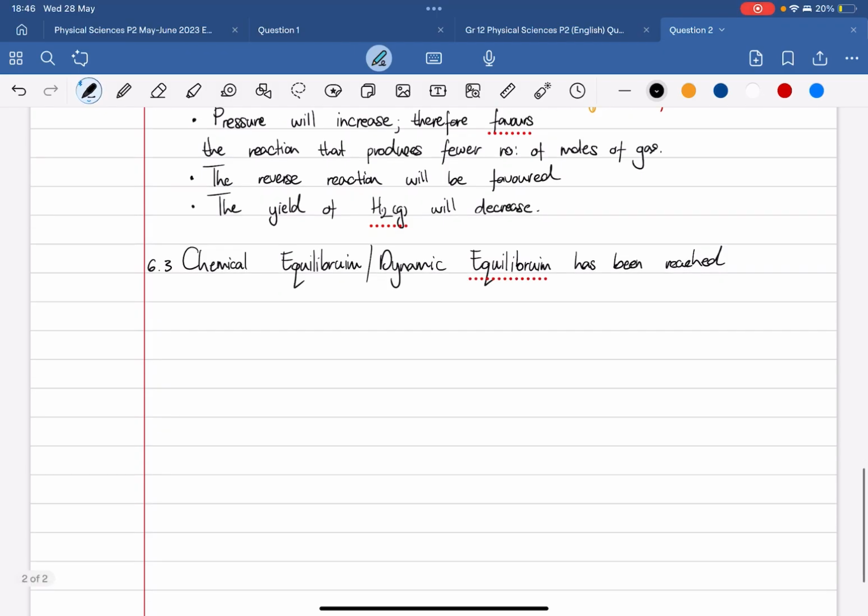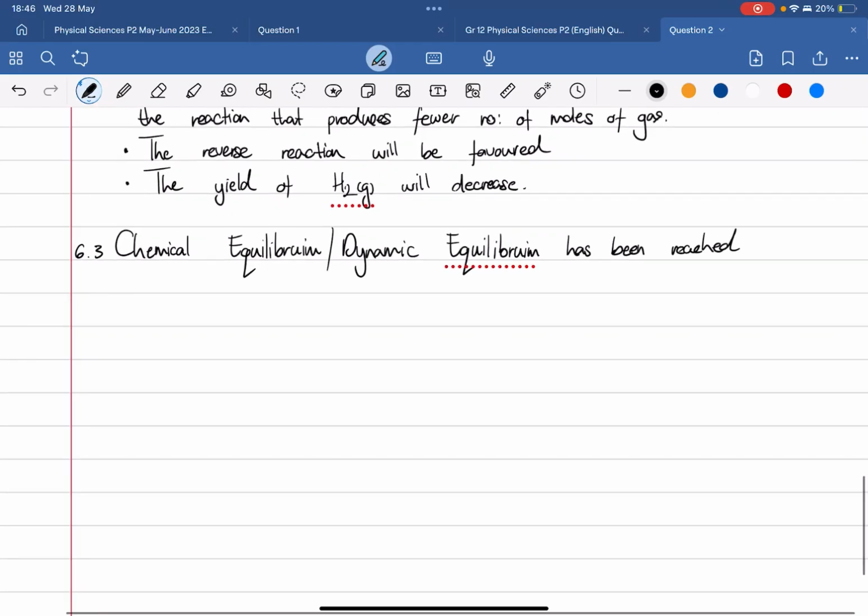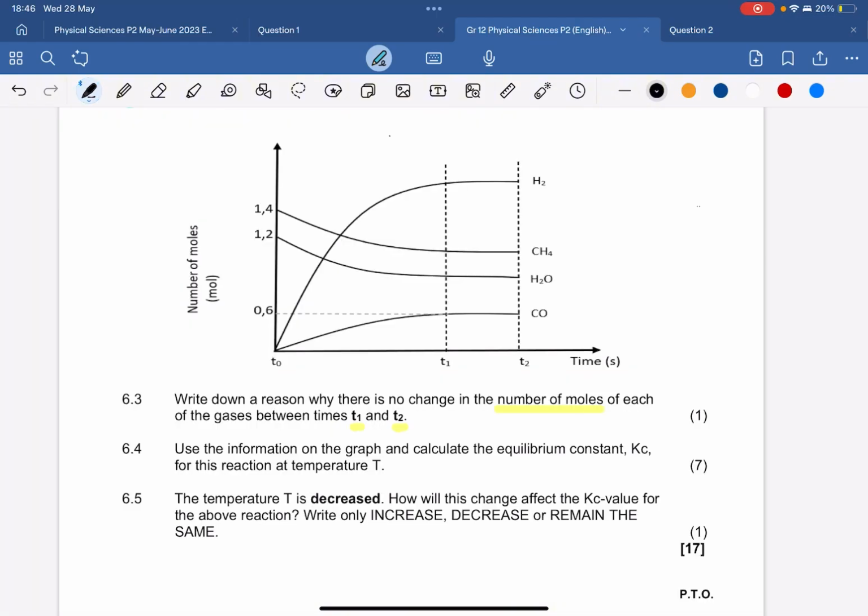All right. Another way you could say that the rate of the forward and the rate of the reverse reaction is the same, because that's what chemical equilibrium is, when the rate of the forward reaction is equal to the rate of the reverse reaction. One and the same thing. Wonderful.